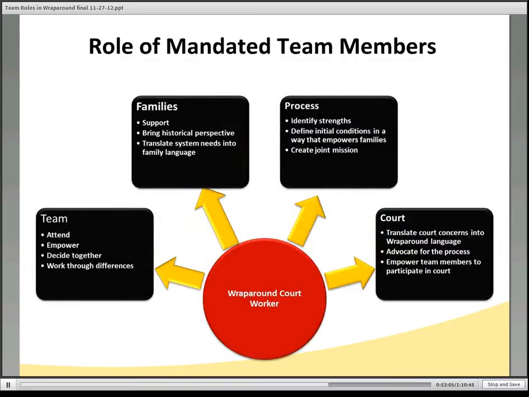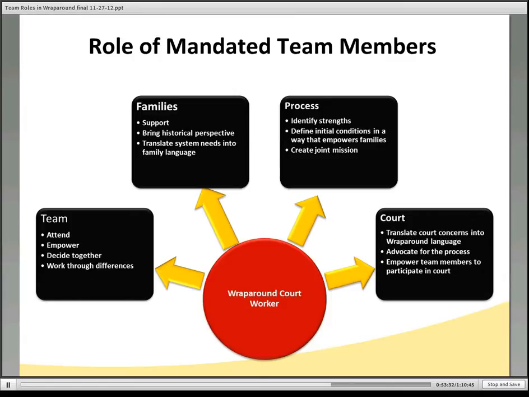There are also roles for mandated team members, and when we talk about this, it's around maybe child welfare workers or juvenile justice workers, where there is an expectation that they should participate in the child and family team meetings, and hopefully we can actually make their lives easier and better in the work that they have to do.